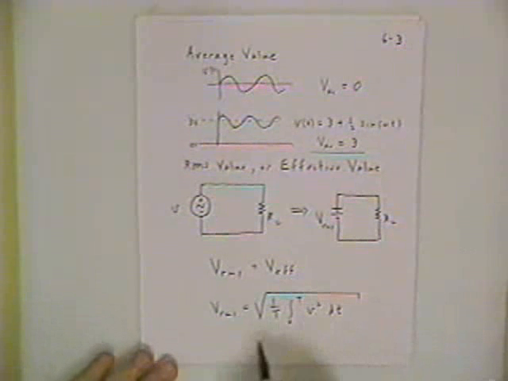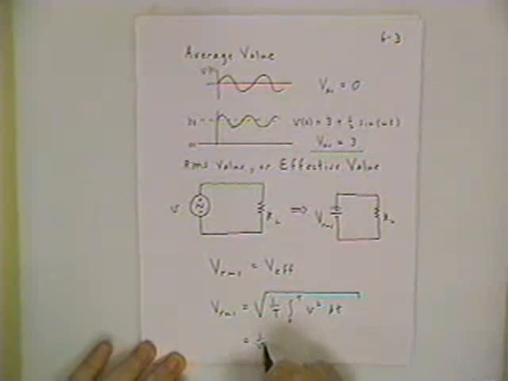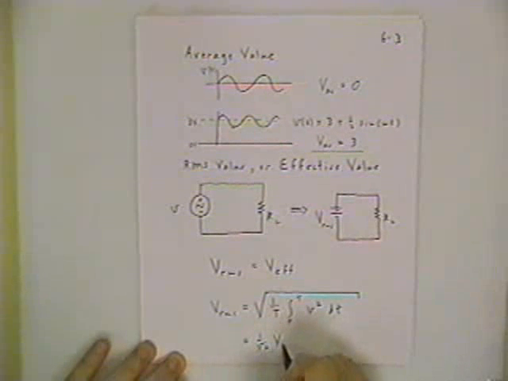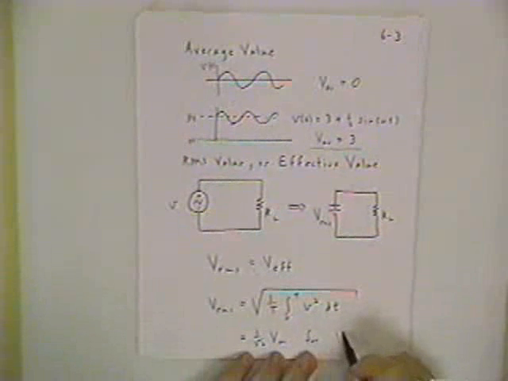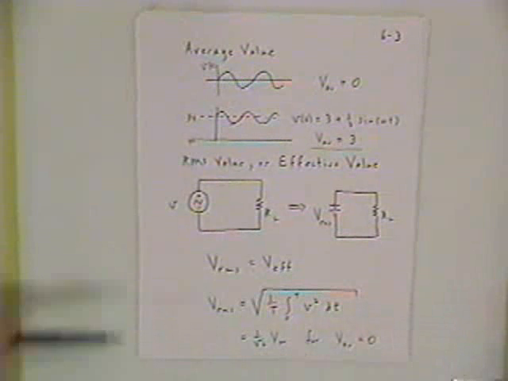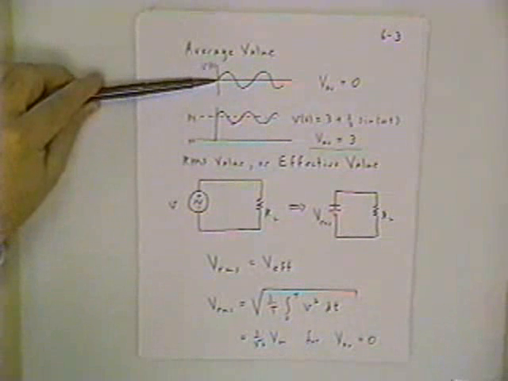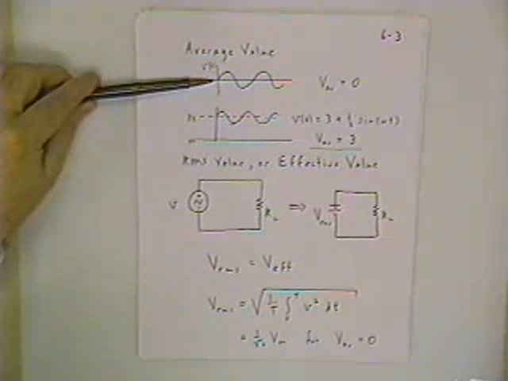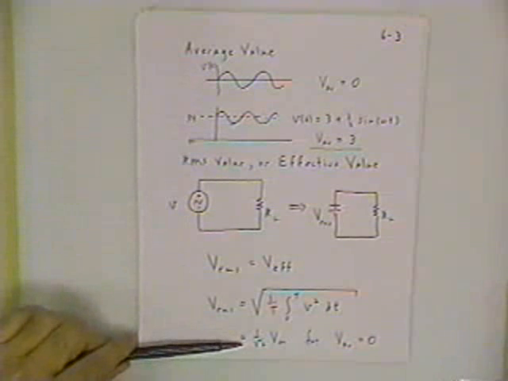What's real nice is that for AC waveforms, this turns out to be 1 over square root of 2 times the magnitude, for the specific case where the average value is equal to 0. So if I knew the magnitude of this waveform, then I would be able to calculate the RMS value simply by multiplying by 1 over square root of 2.